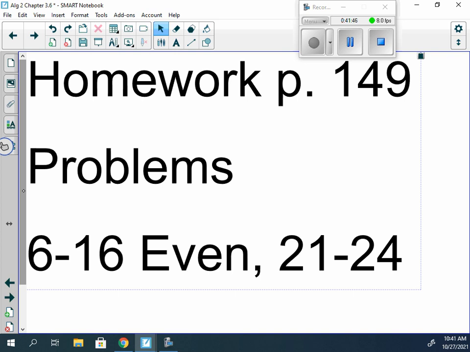You need to see what the actual values are to solve it. And it's only for 21 through 24, the last 4. The rest of them is just using the quadratic formula to solve the quadratic equation.